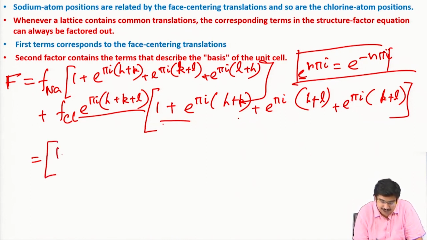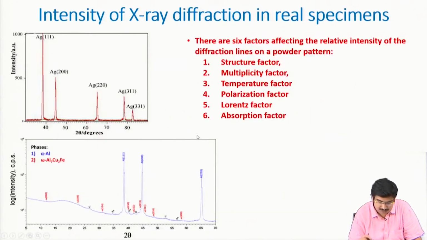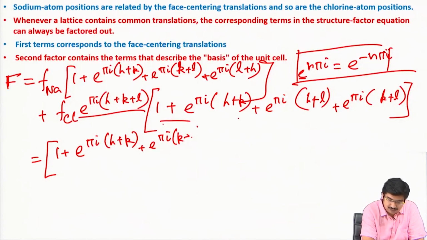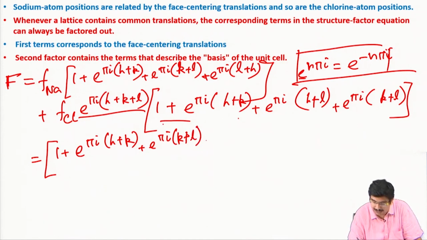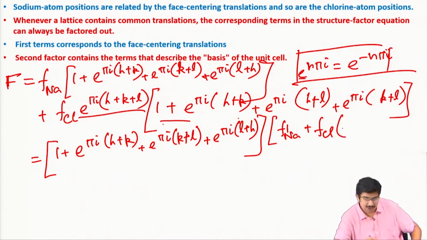So that means we can take this common part out, and we write e^(πi(H+K)) plus e^(πi(K+L)) plus e^(πi(L+H)), this is the common term, and then the rest of the term, f_Na plus f_Cl into this term, sorry, e^(πi(H+K+L)).